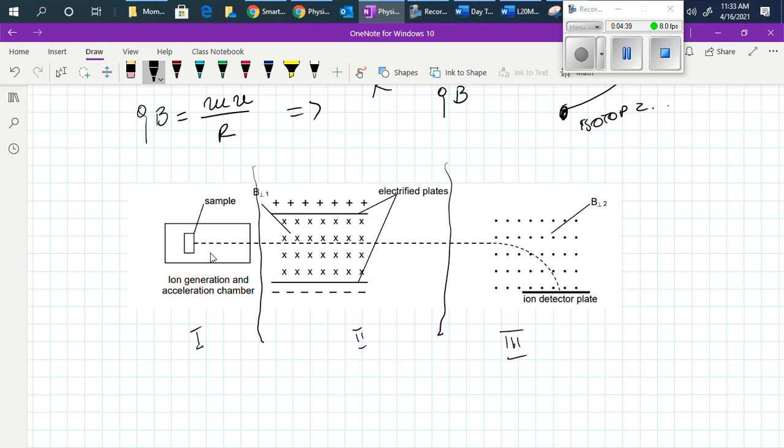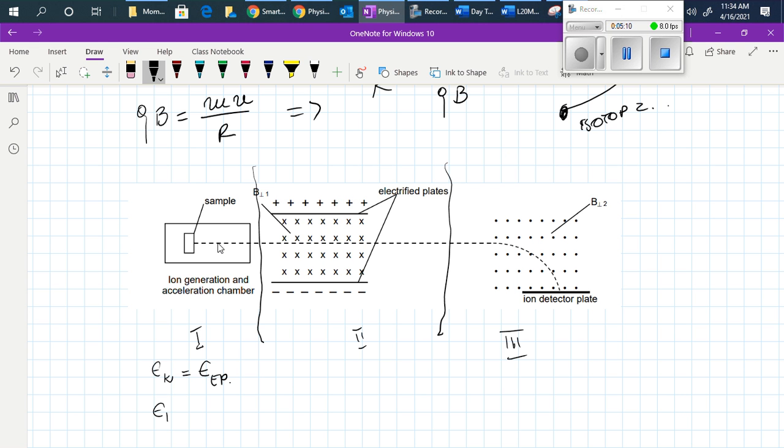So what is happening on the first one is that we have material that is pulverized, and then through the plates that have a difference of potential, the charges are accelerated. Why is this? Because the kinetic energy is increased by the transformation of the electric potential energy.